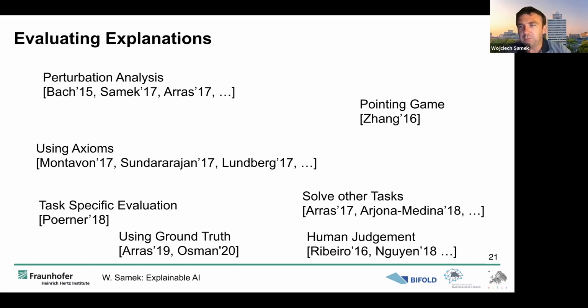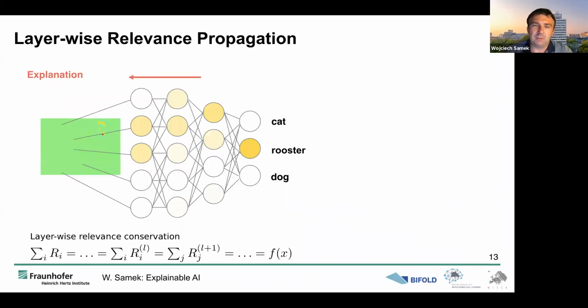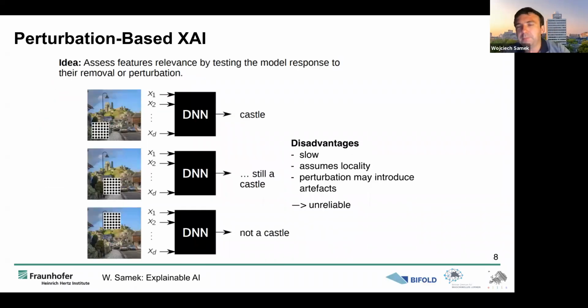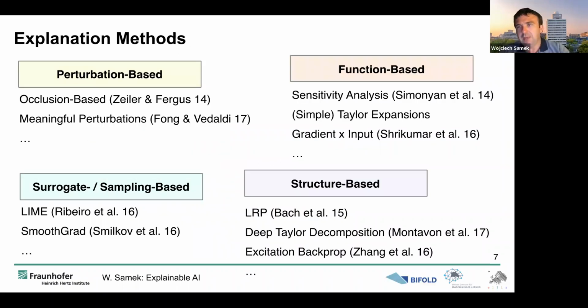Some kind of smoothness property. You could define it as a desired property, and then you can see that some of the methods which I showed fulfill these properties, others don't. There are other properties which you can define.